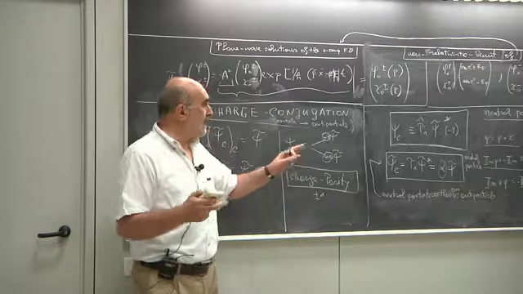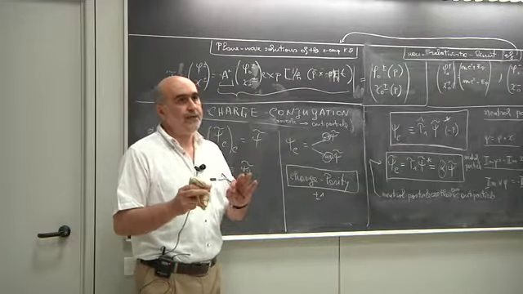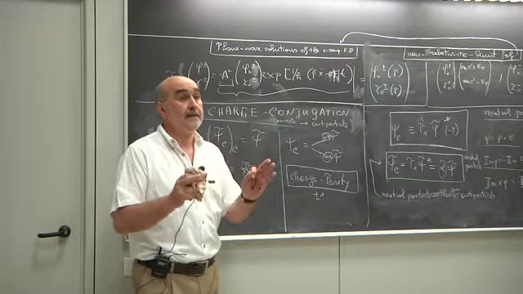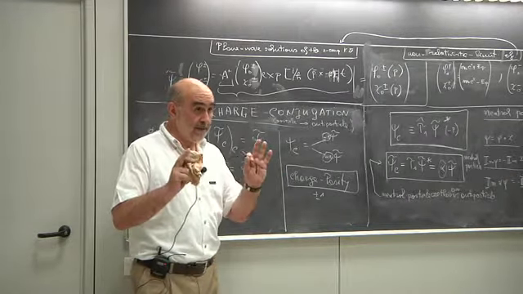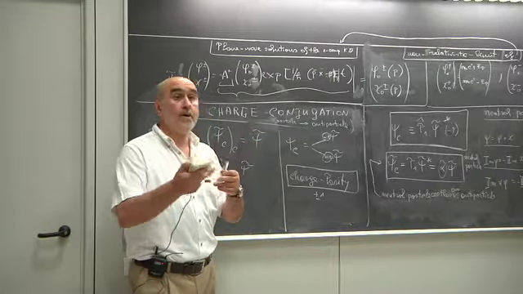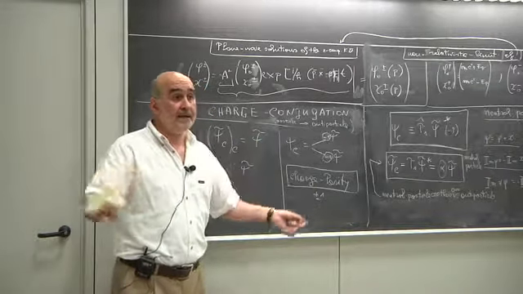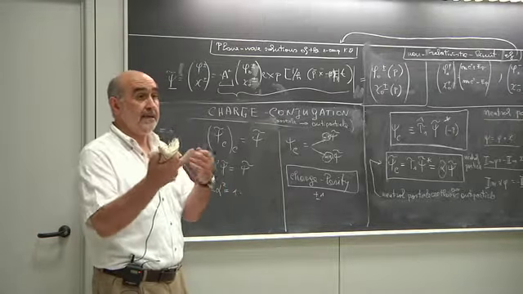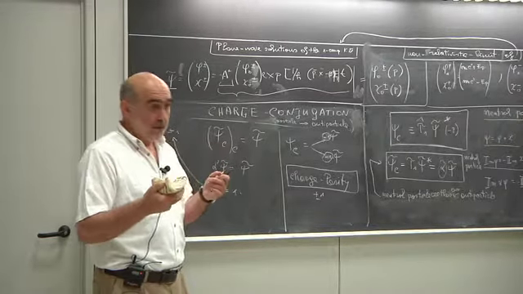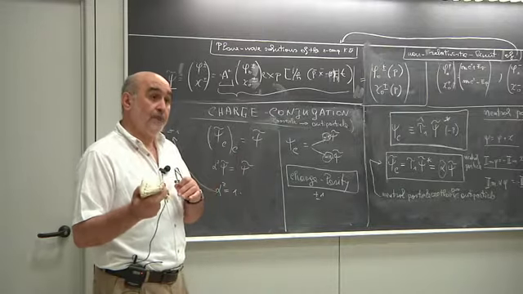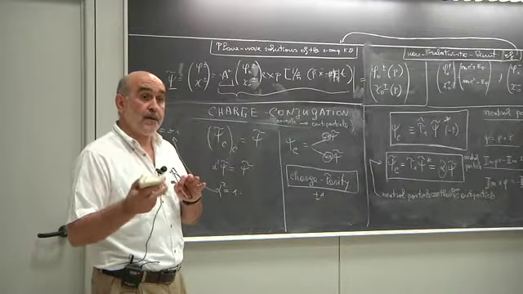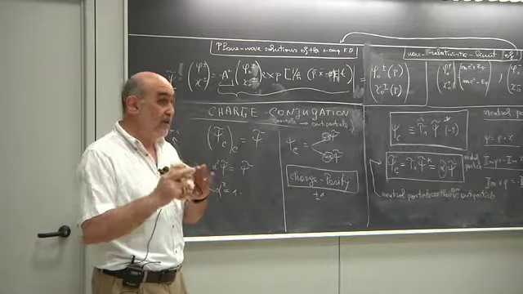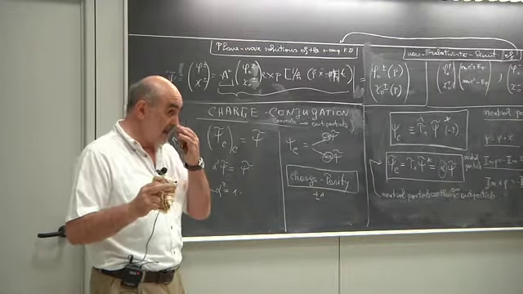Nowhere have I given you the formulas that tell you that a particle and an antiparticle annihilate. You know from the literature, from having read books, that particle and antiparticle, when they meet each other, annihilate and go into photons. But you have to build the formalism for that, and you will build it when you do field theory and second quantization next year. I have not given you that formalism yet.